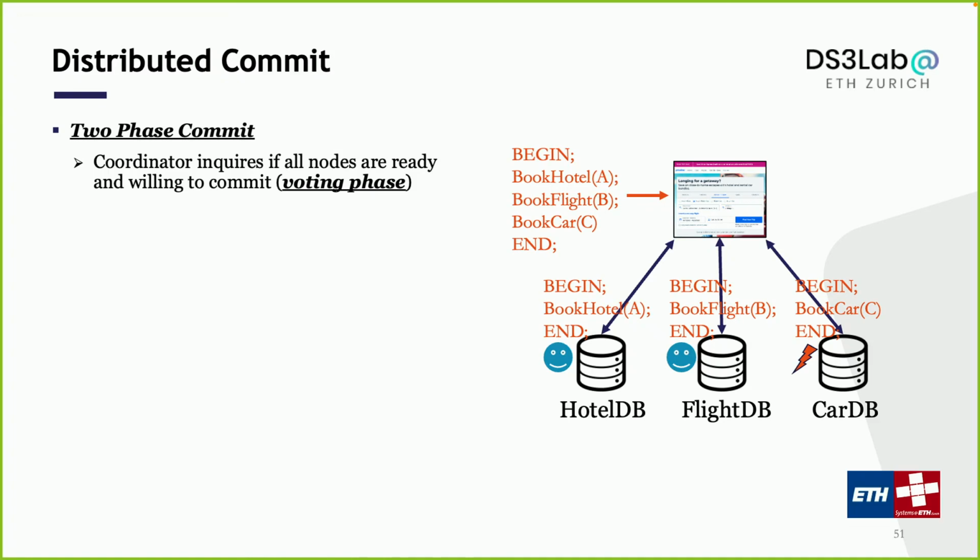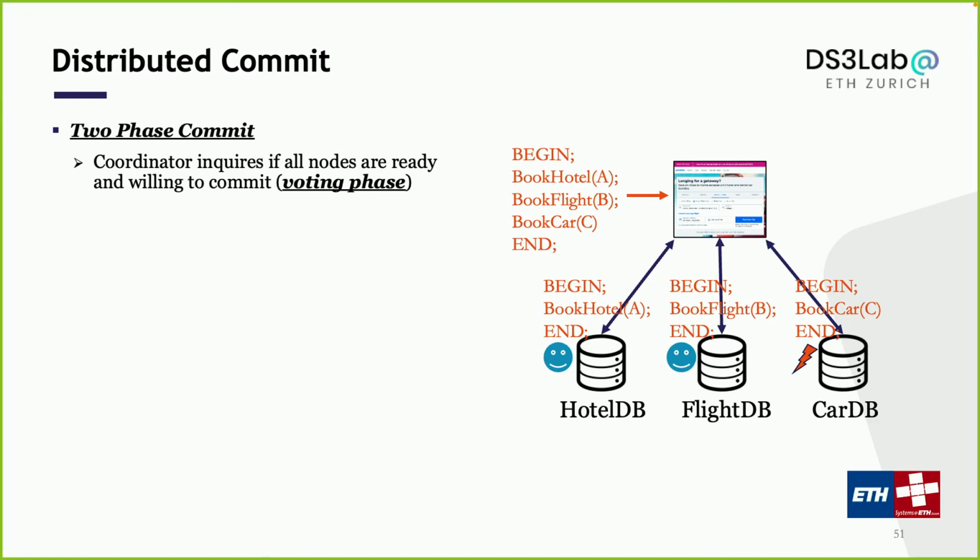Ideally, if the first two databases vote yes, I'm done. If you want to commit, from my perspective, you are fine. The third one, if it is still alive, is going to vote no. It failed in the middle, so if you ask me, I would vote for this transaction to be aborted.